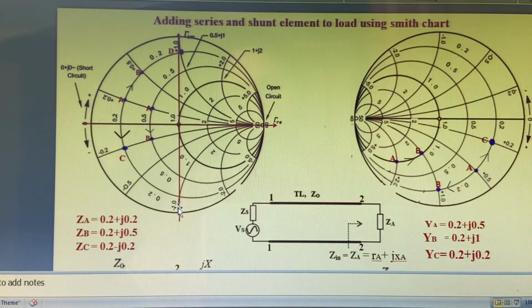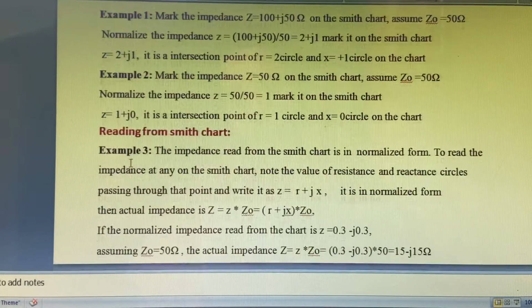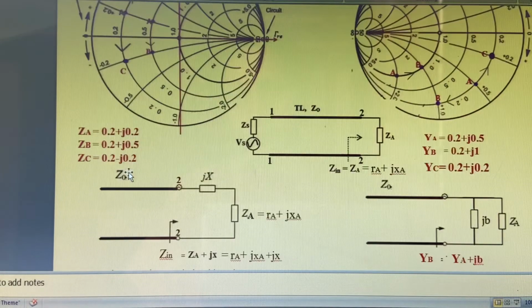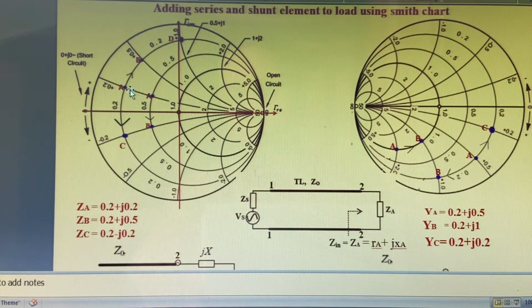So that is nothing but moving on the resistance circles like this. You can move over any resistance circle like this, either in the clockwise direction or in the anti-clockwise direction. For example, here is the initial point.